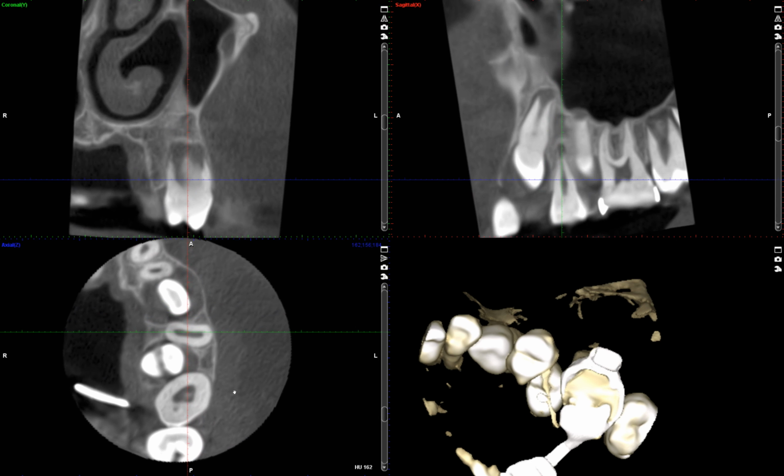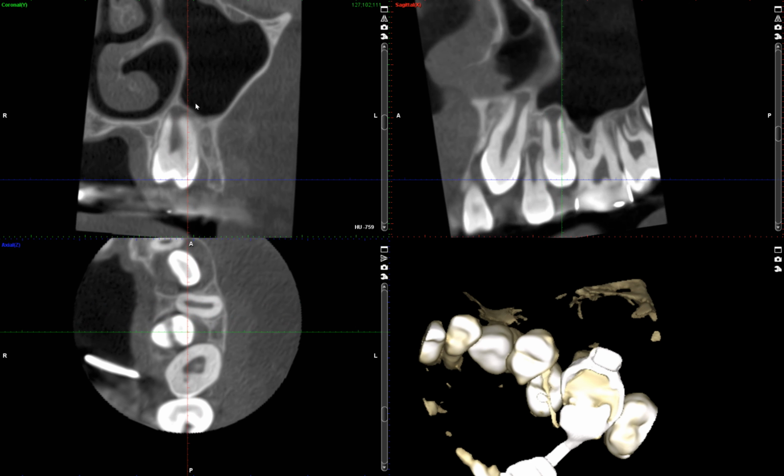So 12 is located here, and to me, the crown of 12 is relatively in line with the rest of the arch. But then if you look at number 13, the crown is definitely palatally tipped or angulated. So that's the full thickness of the ridge, and the crown is palatally located within the alveolar ridge.